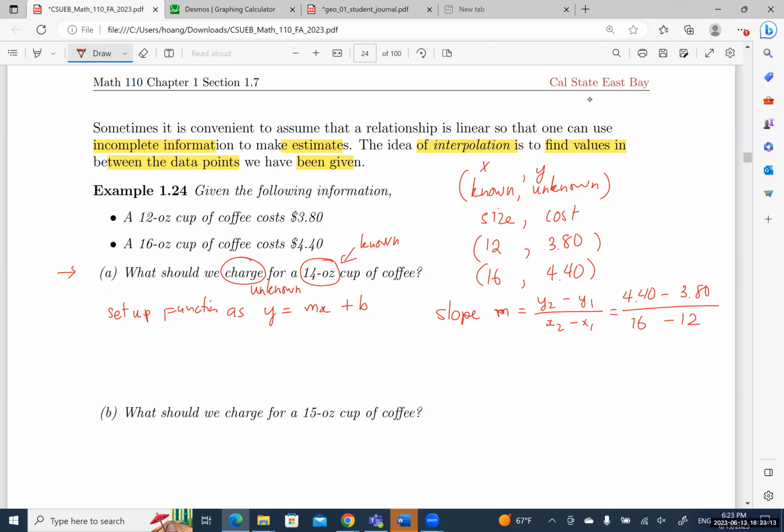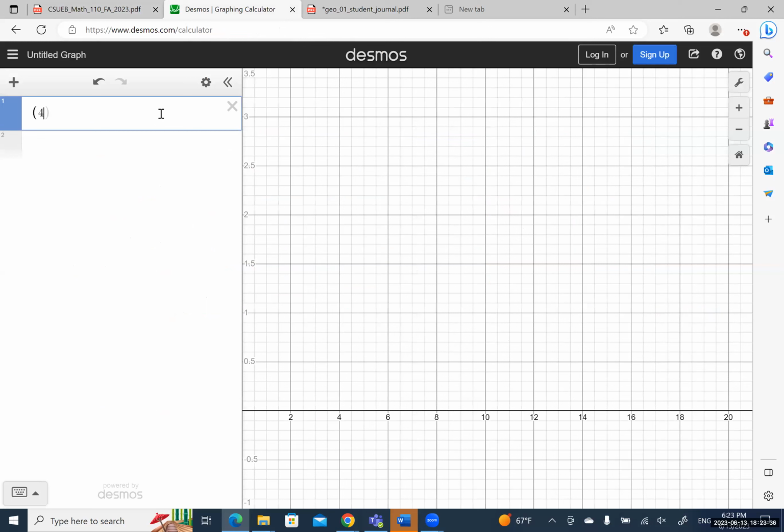Then the slope will be equal to, let me see, using the calculator. So 4.40 minus 3.80, divided by parentheses 16 minus 12. So I get 0.15 as the slope.